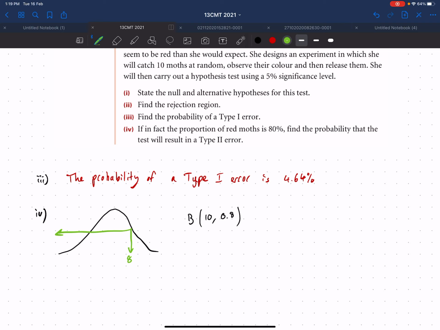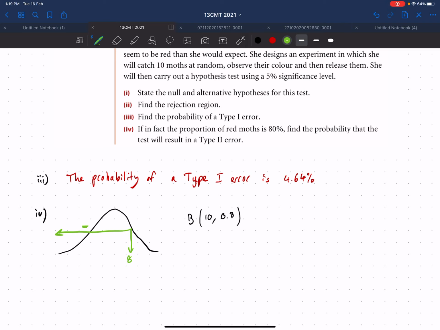What is the probability of that happening? My distribution might not be quite accurate for this situation, but it is what it is. So we try to find out this percentage of 8 or fewer red moths. The best way to do this is just to do 1 minus the probability of 9 and 10. So that's what we're going to do.